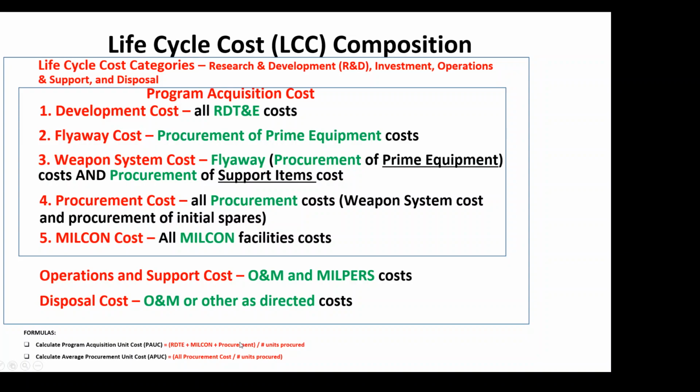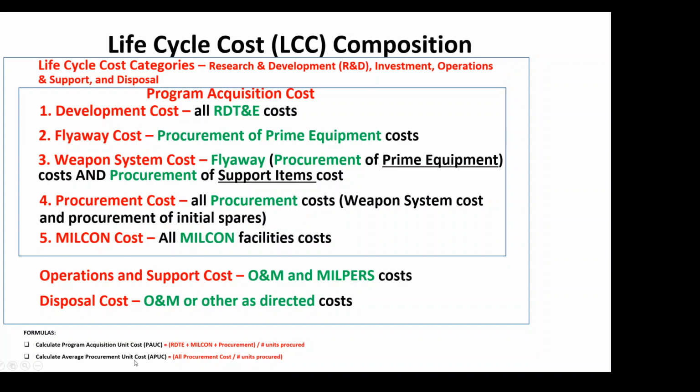I need to know how much for one. So I add up my RDT&E, MilCon, and procurement, divided by the number of units that I have. Remember, these are usable end items, once I'm done with development. Usable end items, number of units, and that will give me my unit cost.